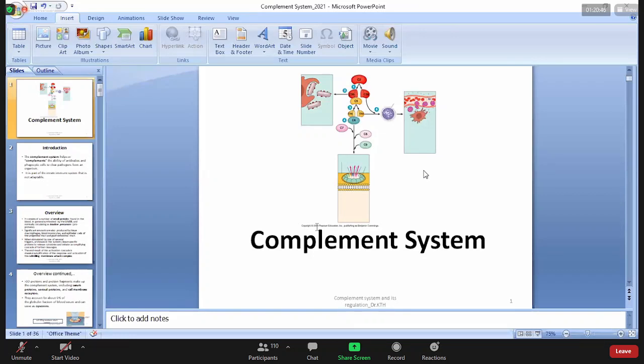So the lectin pathway, the only difference is that you have mannose binding lectins. So imagine a cell, okay? And this cell has mannose receptors, okay? So the mannose binding lectin will bind, and this will activate the mannose associated serum proteases.